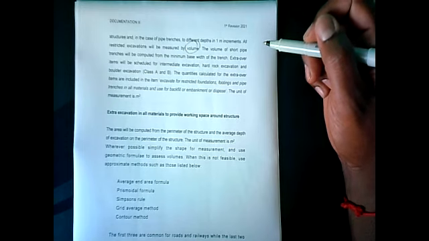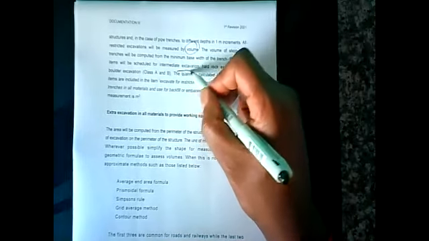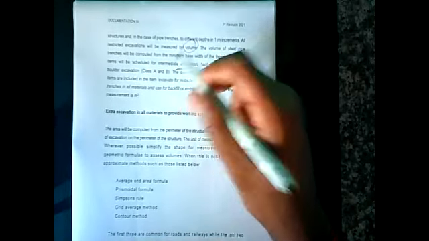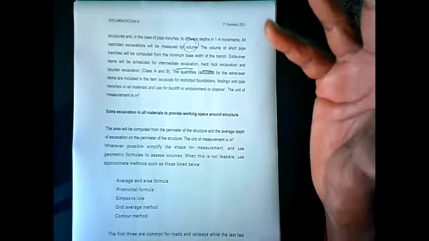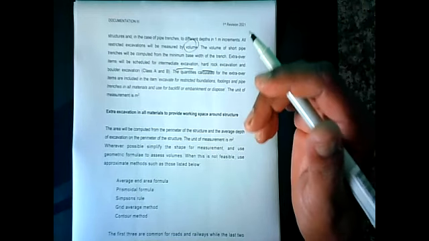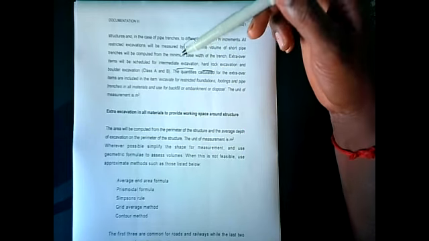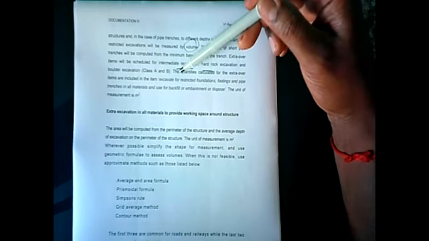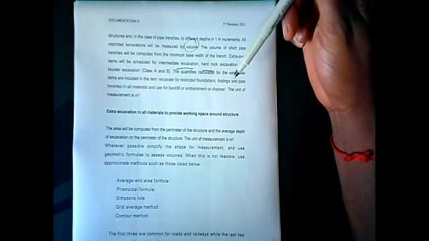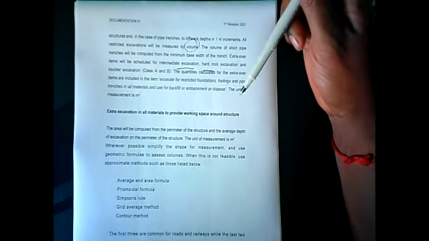Extra over items will be scheduled for different types of materials: hard rock, intermediate, shale, clay, and sand. The quantities calculated for the extra over items are included in the item excavate for restricted foundations, footings, and pipe trenches in all materials. And the unit of measurement is also cubic meters.